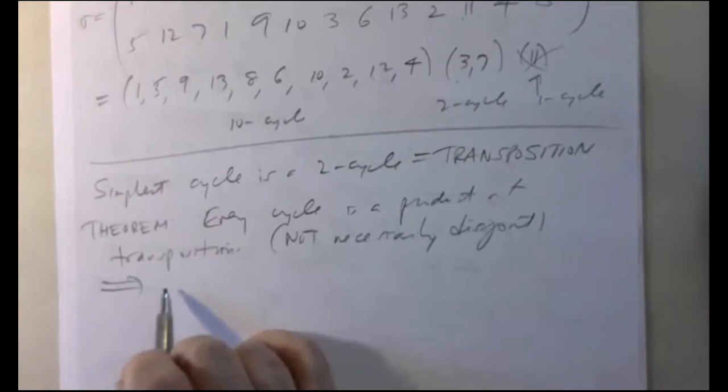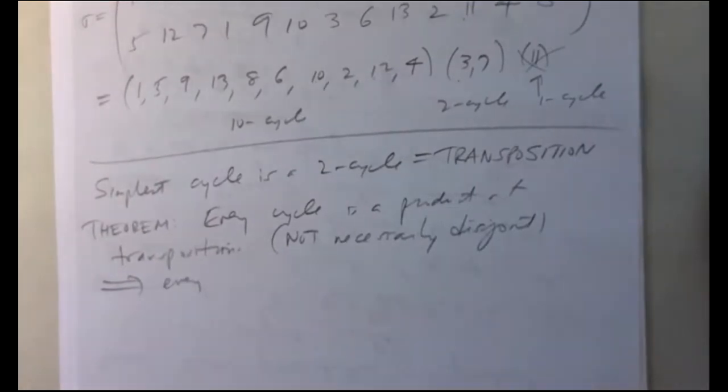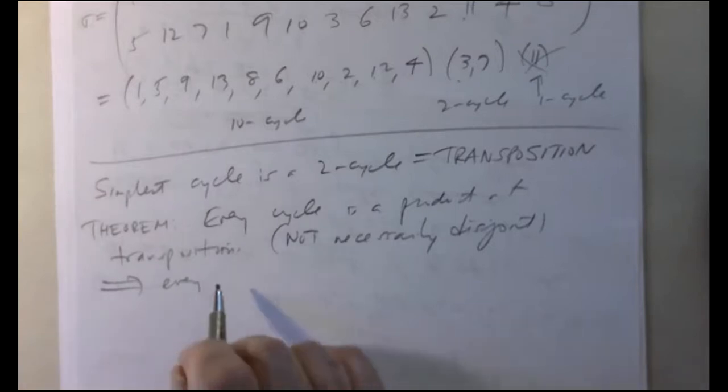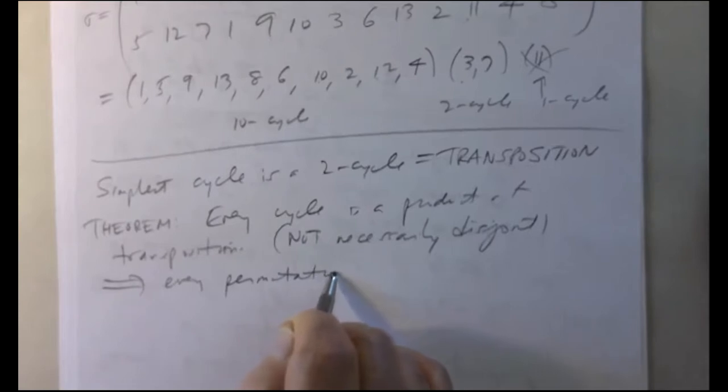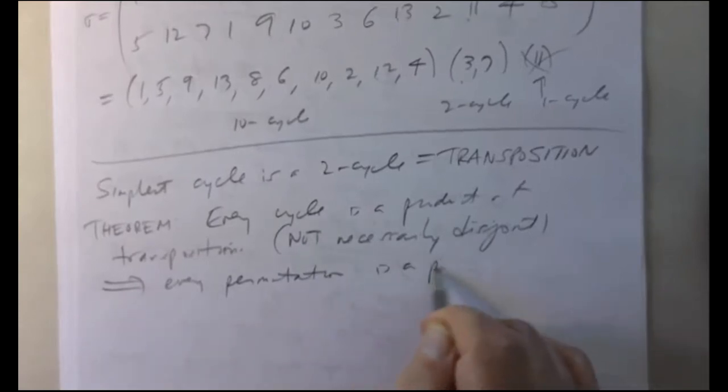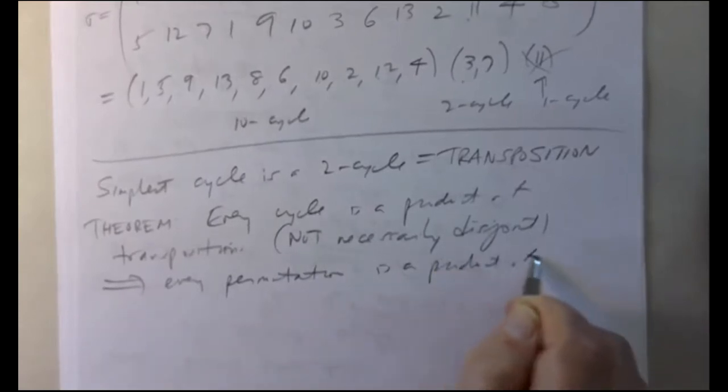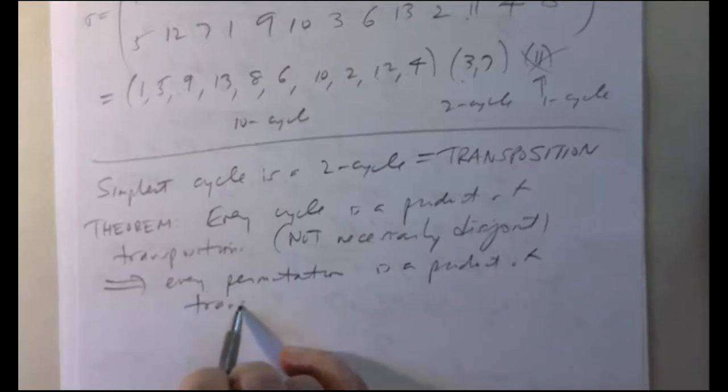And so, because every permutation is a product of cycles and every cycle is a product of transpositions, every permutation is a product of transpositions.